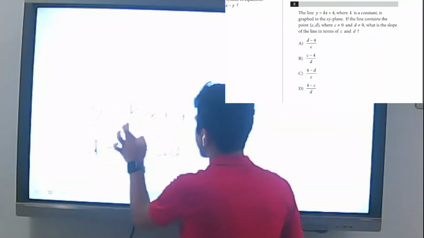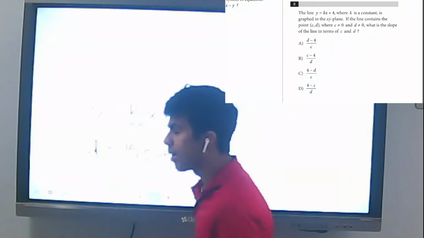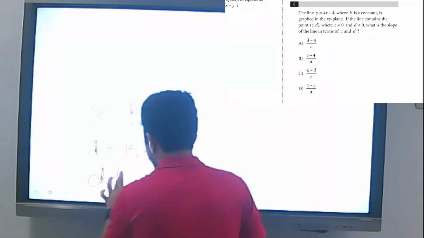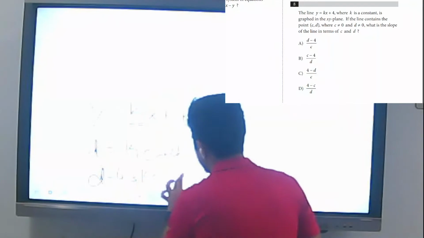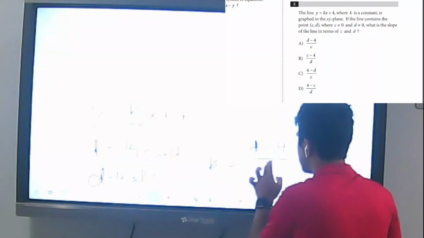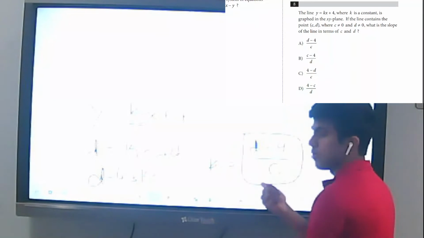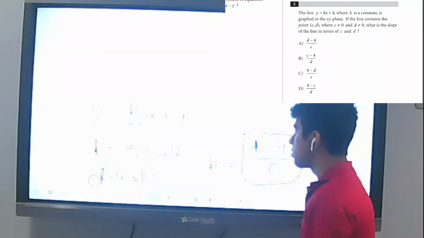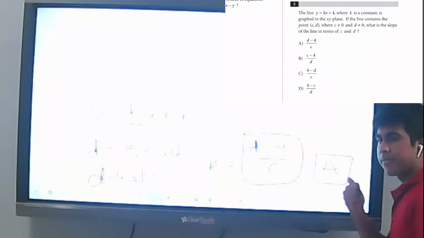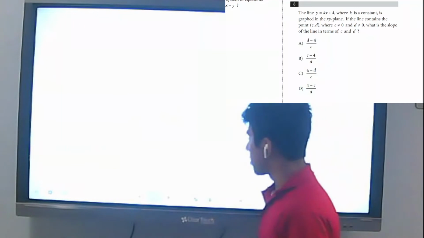Well, the slope is k. We just want to find k. So if we have this, then we have d minus 4 equals kc. So k equals d minus 4 over c. So that's our answer. D minus 4 over C, it's going to be choice A. And that's our answer. Keep going.